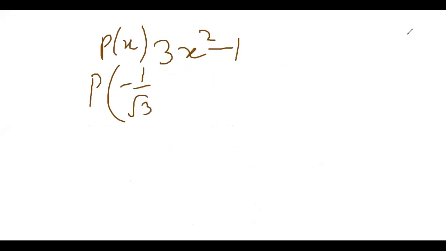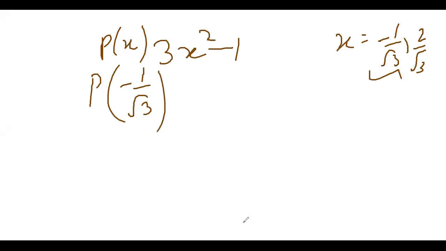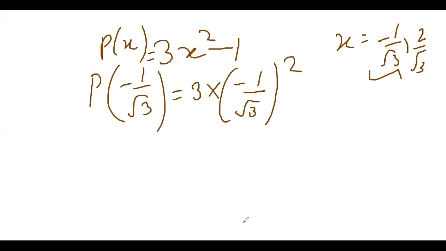Okay, x is given -1/√3 and 2/√3. Firstly, I have taken -1/√3 is equal to 3 multiply (-1/√3) square minus 1. सबसे पहले स्क्वायर ओपन कर दो. -1 का स्क्वायर 1, minus will be cancelled because minus and minus it's even.